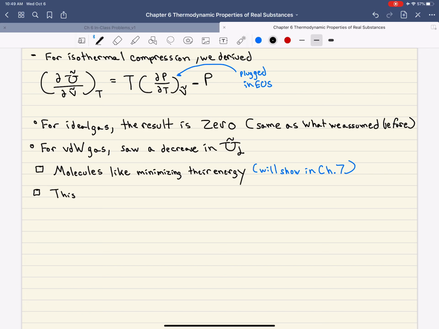We also saw that this decrease was proportional to that A parameter, right? And that describes the strength of interactions between our molecules.